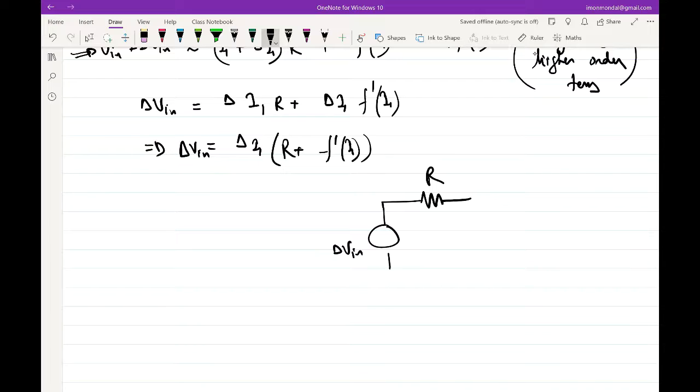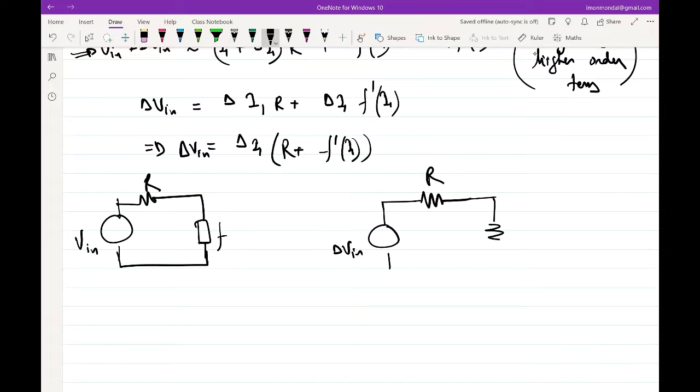This R remains as is, and the nonlinear element that was present here got replaced by a resistor of value F prime of I1. Right?